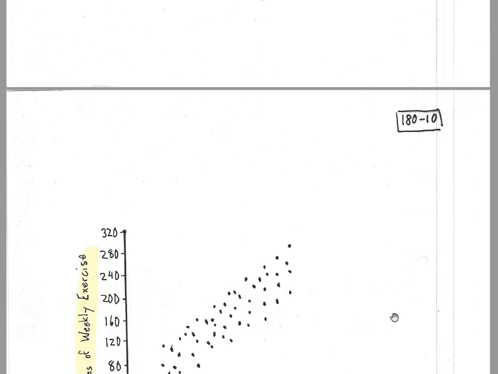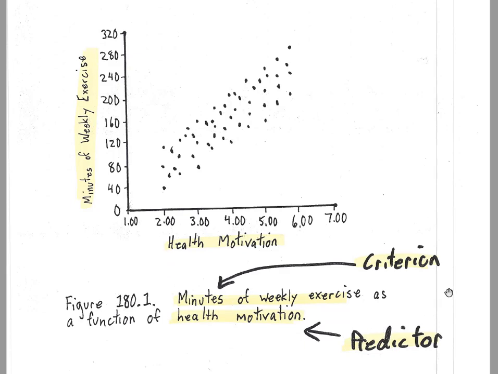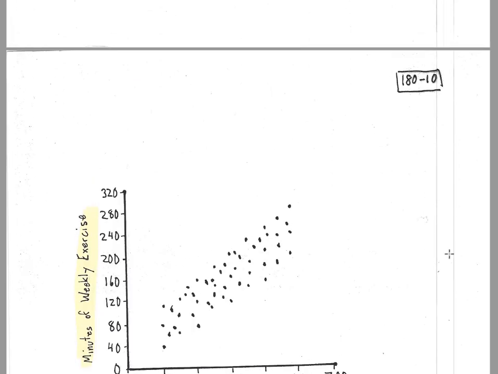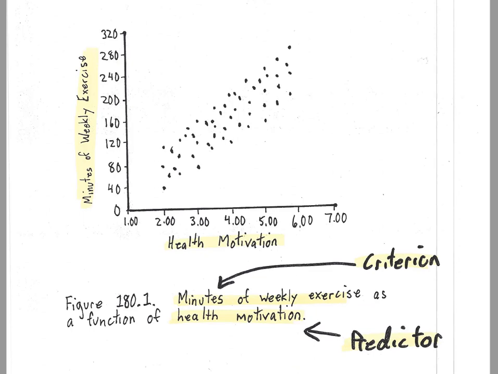On the next page, we have our first scattergram. I am on page 180-10. Here's a scattergram. What does the caption say? Minutes of weekly exercise as a function of health motivation. I've scribbled in some words here to make a point about the way we typically write labels for figures in psychology.